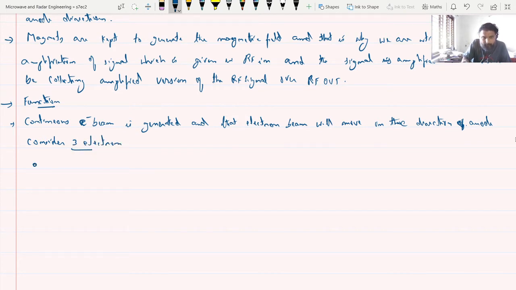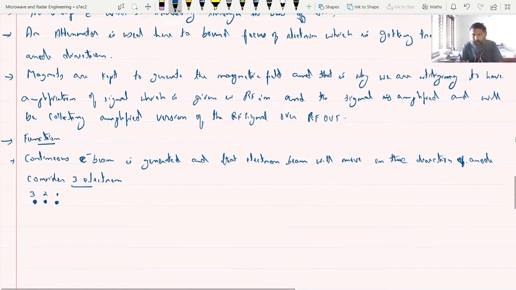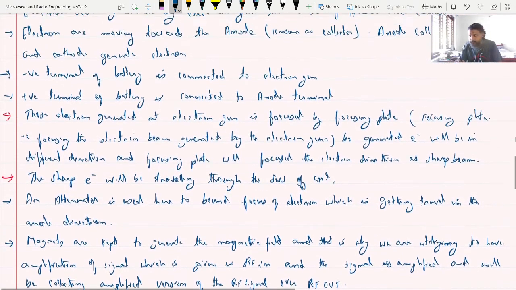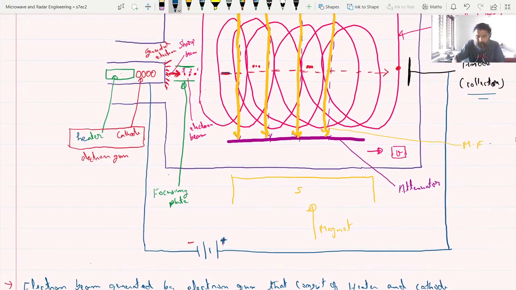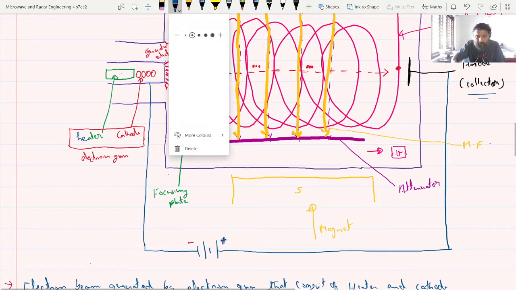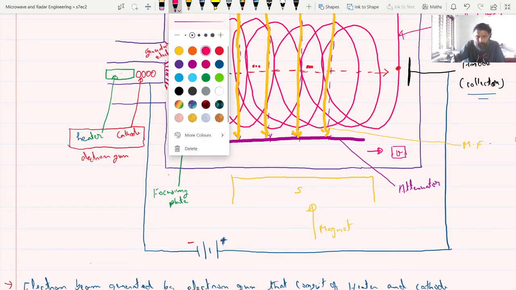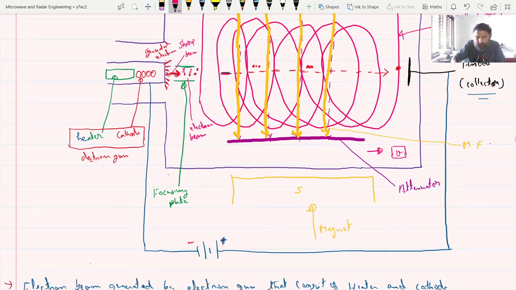I will call these the first, second, and third electron. The first electron I have indicated here. This first electron I will call the early electron. The last electron, that is electron number 3, is called the lead electron.